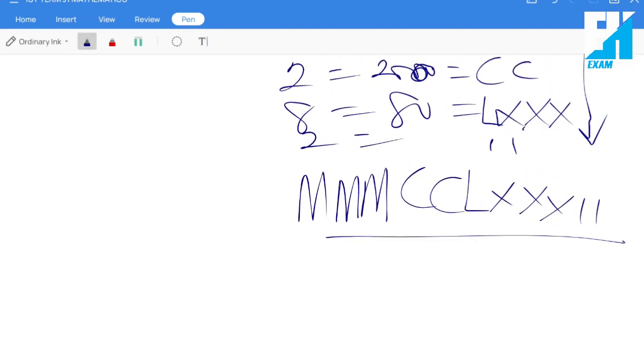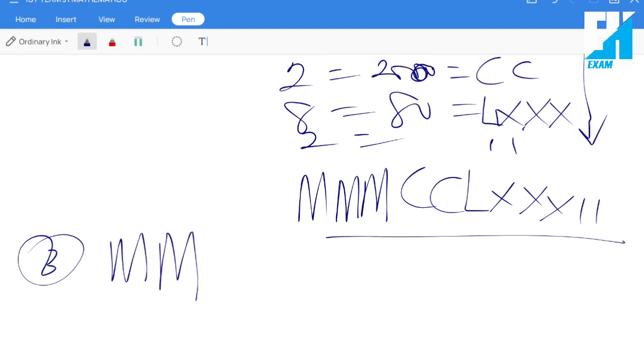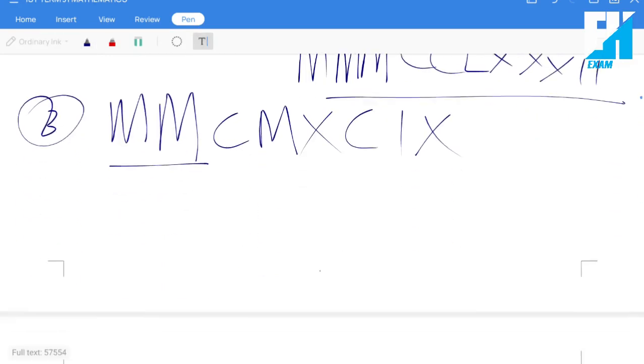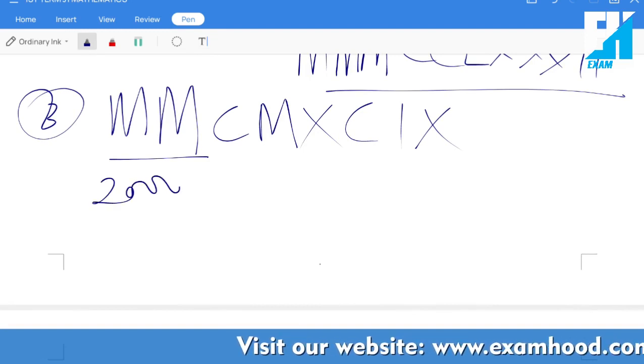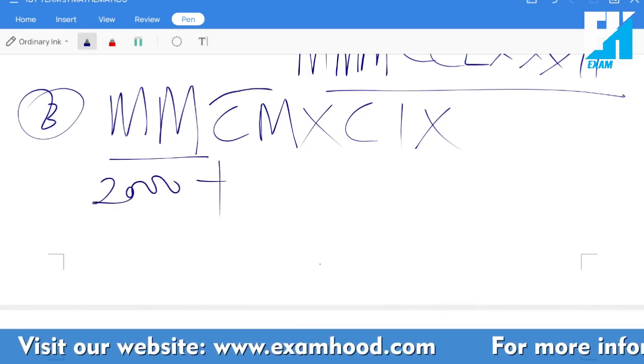Now also we can change Roman numerals to numbers, that we should change MMCMXCIX. It's very simple. First, you can see this one is standing alone. You first of all take it like that. That's going to be 2,000 plus CM.